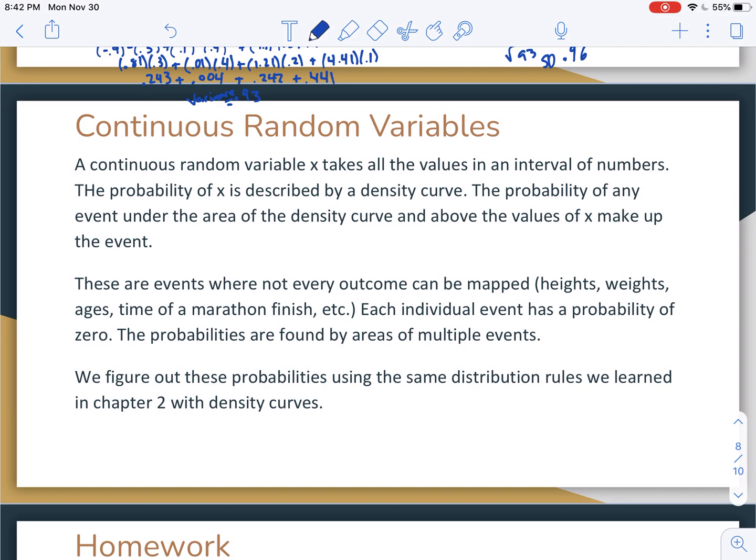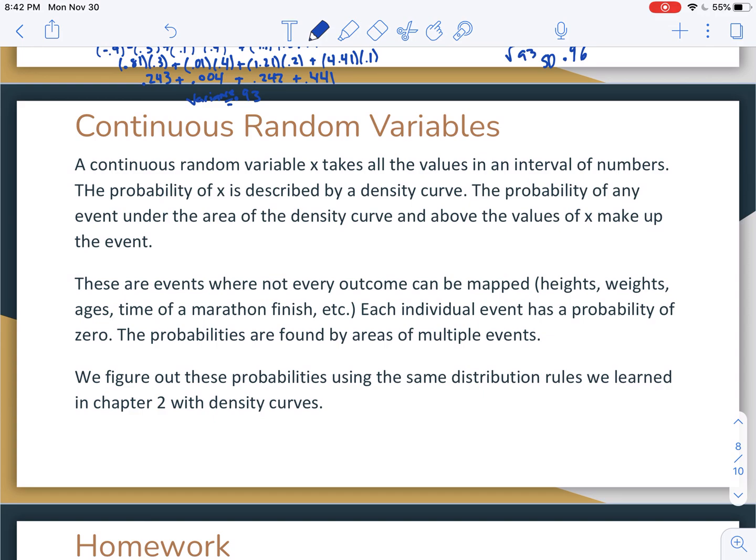What's the probability that somebody finishes a marathon in 2 hours, 1 second, 1.57 seconds? Well, that's a 0% probability, not because it's impossible to happen, but because that as an individual event is pretty unlikely to happen. And that's a matter of how we measure it. So what we do is we say, what's the likelihood of somebody finishing a marathon between 2 hours and 2 hours and 2 minutes?